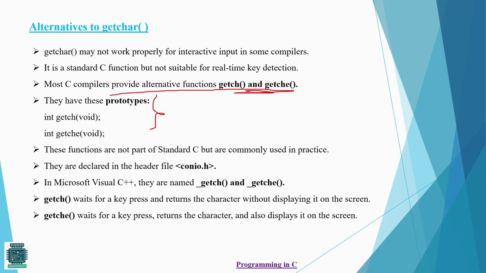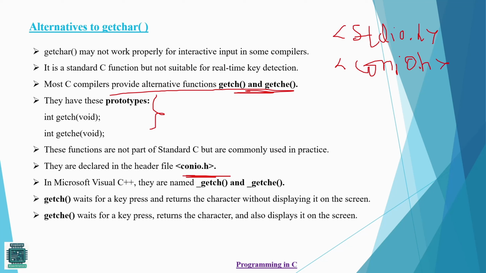Now getchar and putchar are declared in the header file stdio.h, the standard input and output header. In the same way, the functions getch and getche are declared in the header file conio.h. That is conio.h.